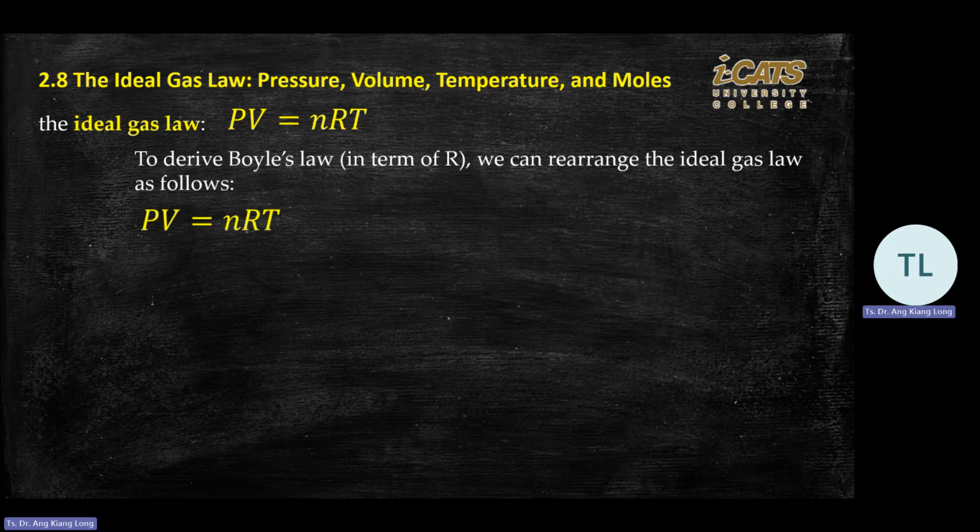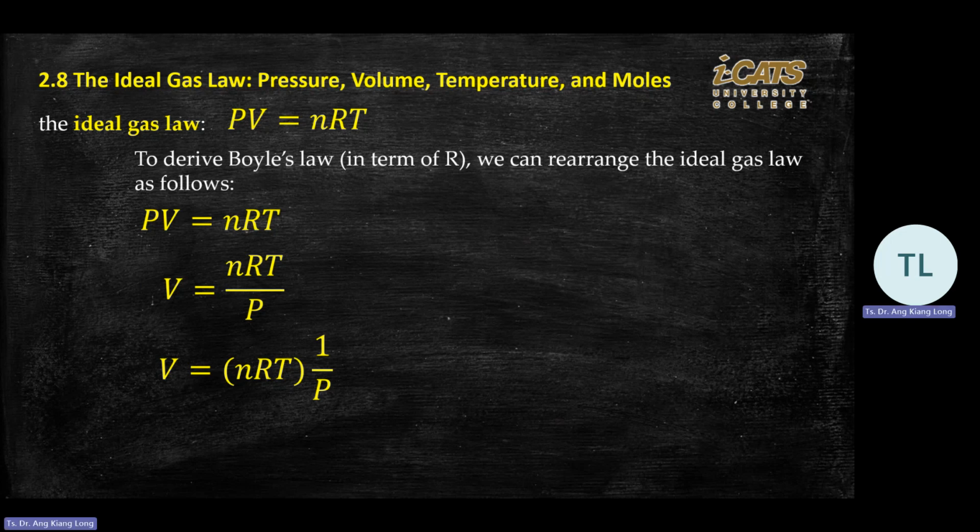This one is to find what is R. Derive Boyle's law. So PV equal to nRT. This one just to show you what is this constant in Boyle's law. So you write PV equal to nRT, rearrange back to Boyle's law, which is P and V. So you write P and V form: P equal to constant times 1 over V, the inverse of V. So your constant value is nRT.